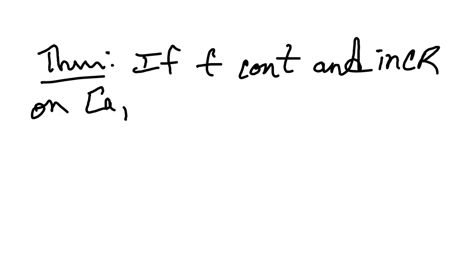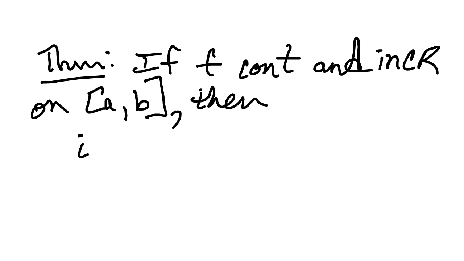So if we have both continuous and increasing on the closed interval a to b, then what do we have? 1, f has an inverse, which we already knew from a previous theorem.